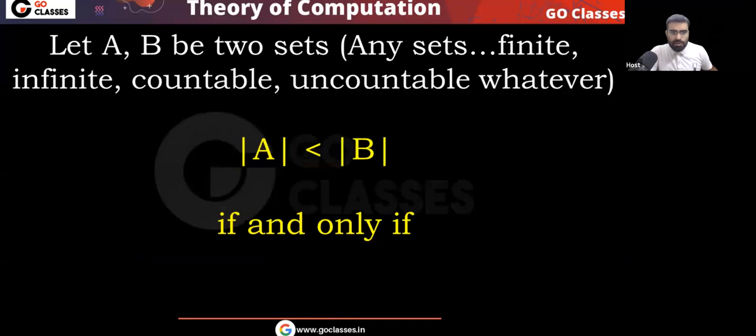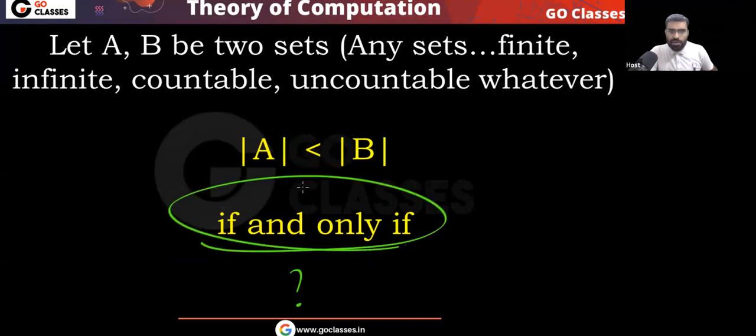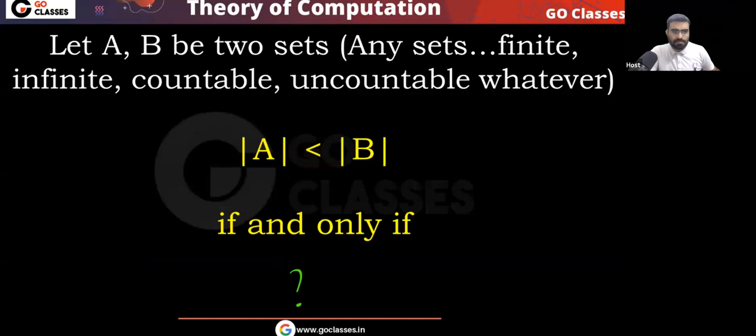Now tell me the definition of this: set A's cardinality is strictly less than set B's cardinality, if and only if, when will this happen?